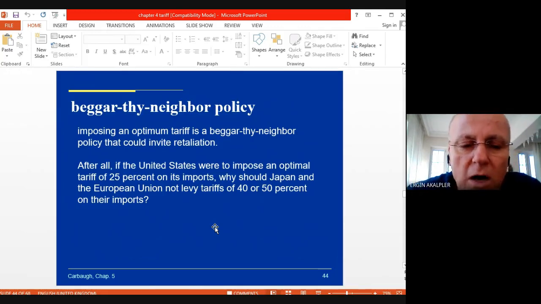When you apply a tariff, the country you apply it to will respond in the same manner. And this is another problem in international trade, because it brings a zero-sum game.